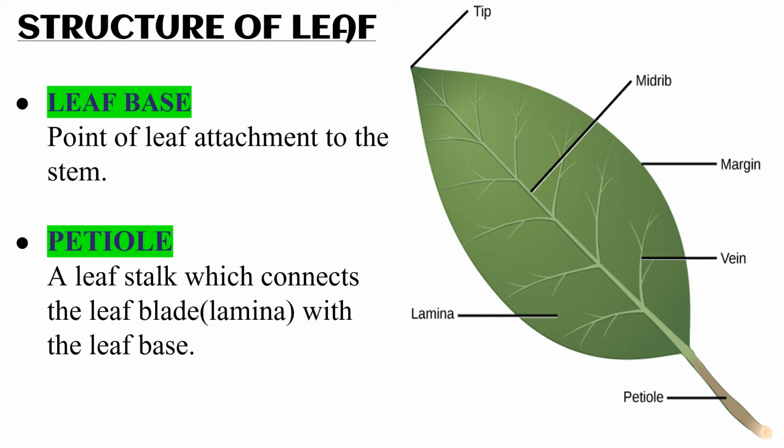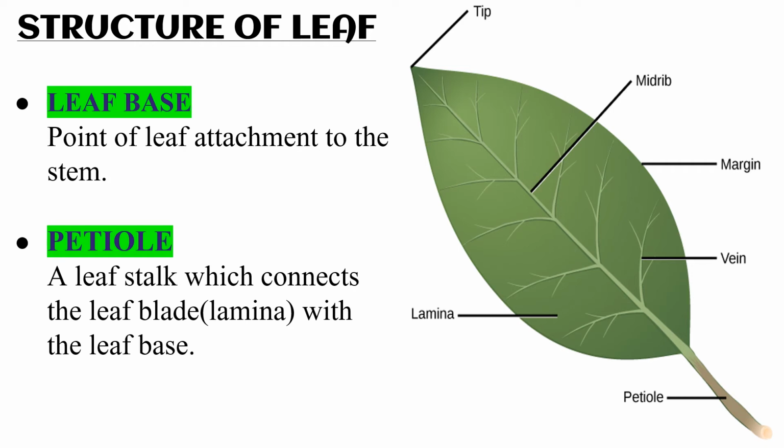A typical leaf consists of the following parts. Leaf base. A leaf is attached to the stem with its leaf base. Petiole. Petiole is nothing but its leaf stalk. It connects the leaf blade with the leaf base. Leaves with a petiole are called stalked leaves, while leaves without a petiole are called sessile leaves.